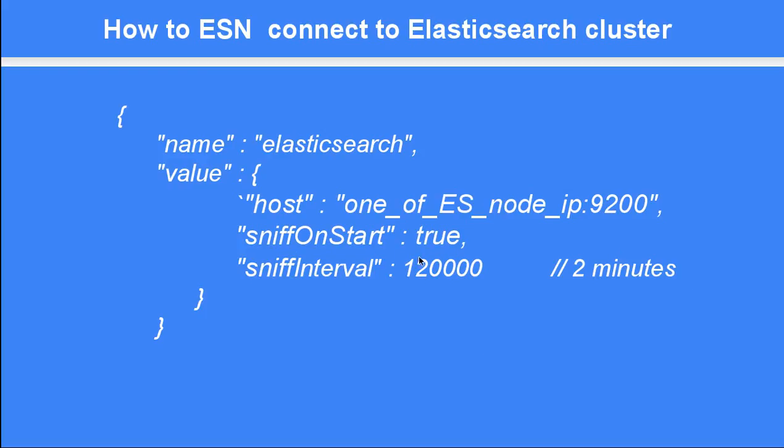If it's set to true, it means the client attempts to detect the rest of the cluster at the first instance. The second param is sniff interval. In this example, it is 120,000. It means every 2 minutes the client will perform a sniff action and make sure the list of nodes in the cluster is complete.